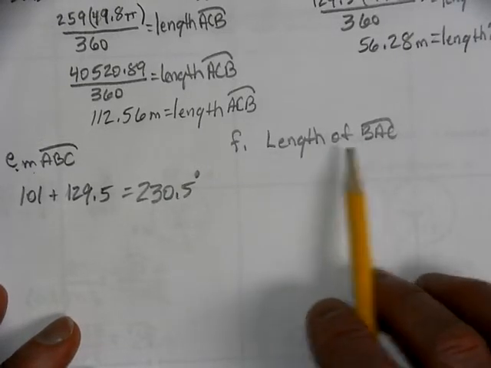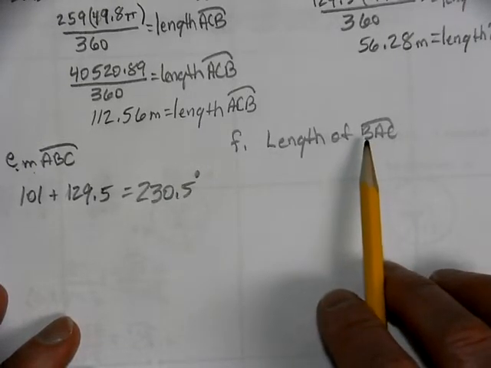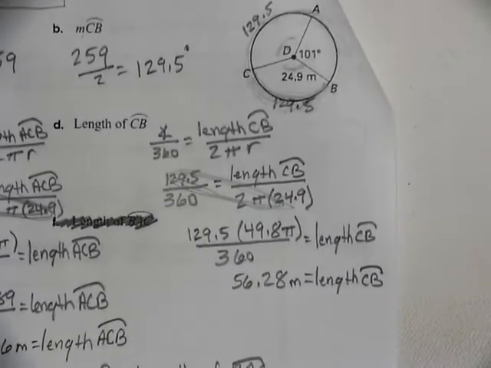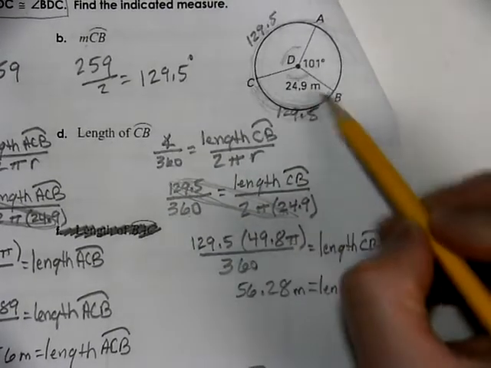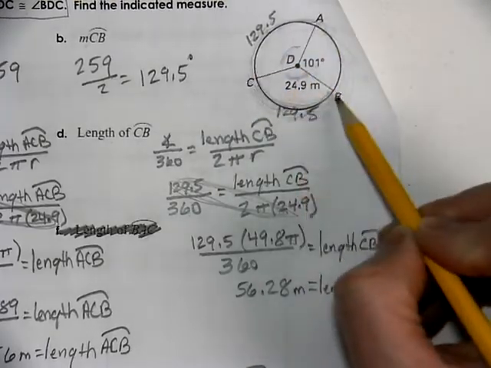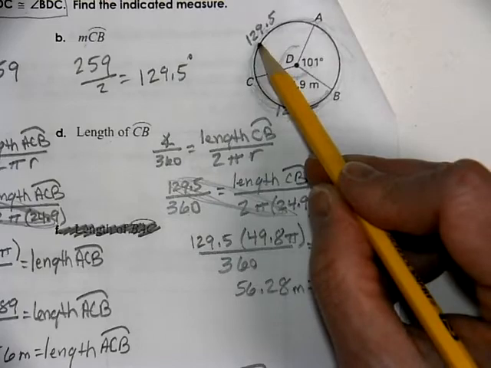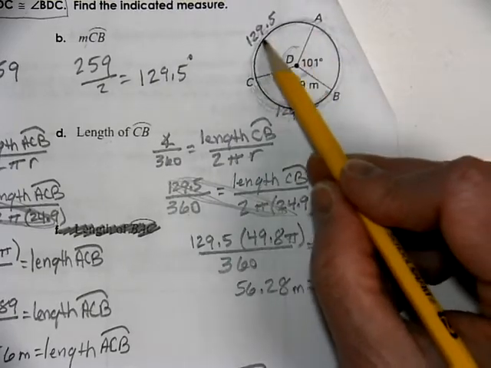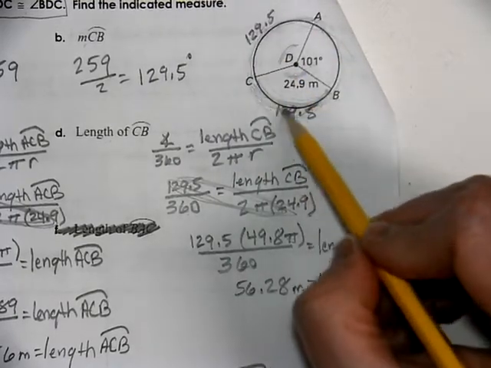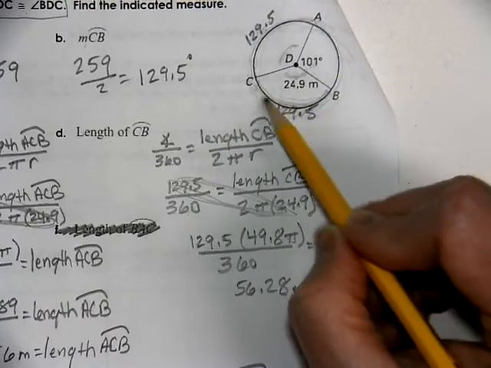Now we're supposed to find the length of arc BAC. So we look back up top. BAC is the 101 plus the 129. It's everything but this.